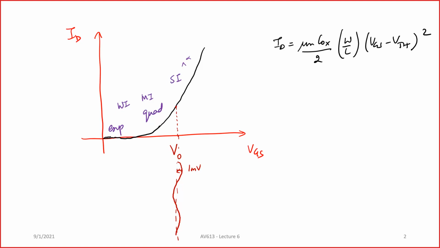So the input Vin can be written as V naught plus A times sine omega t, where A in this case is 1 millivolt.